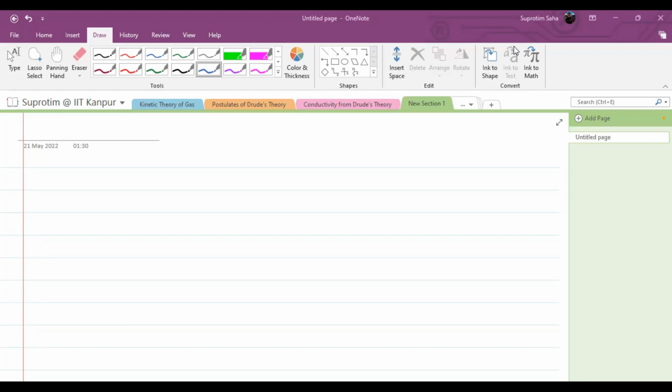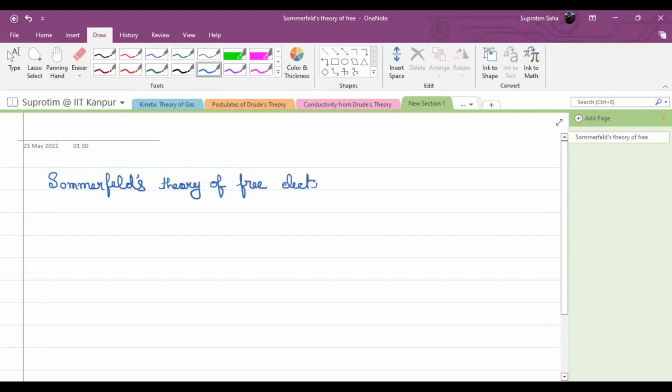So in this lecture, we will be studying Sommerfeld's theory of free electrons in a metal.